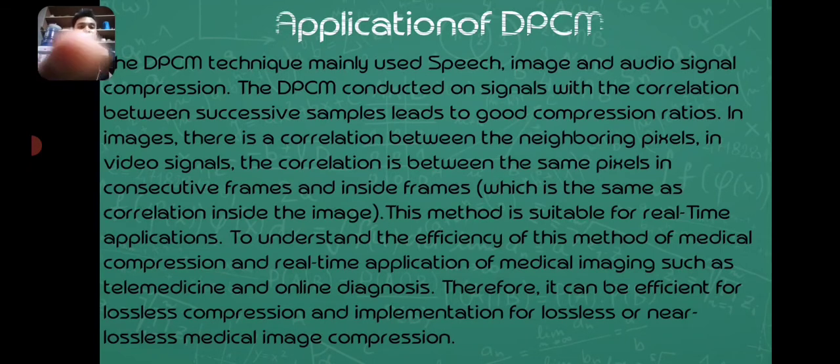The applications of DPCM. The DPCM technique is mainly used in speech, image, audio, signal compression. DPCM on signals with correlation between successive samples leads to good compression ratios. In images, there is a correlation between the neighboring pixels. In video signals, the correlation is between the same pixels in consecutive frames and inside frames, which is the same as correlation inside the image.